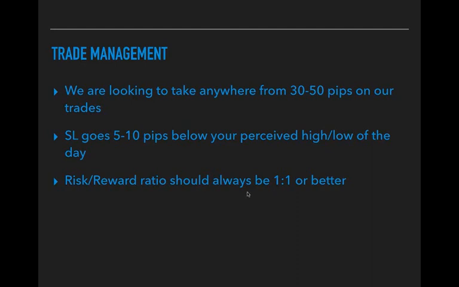If your risk reward ratio was less than 1 to 1, that means you need to win more trades than you're losing, and that would be bad. If your risk reward ratio is 1 to 1, at least you're always getting a 1 to 1 trade-off, and you don't have to work as hard. So it's best to have 2 to 1 or 3 to 1, and with the way that we have these setups, you're usually going to get 2 to 1 or better.